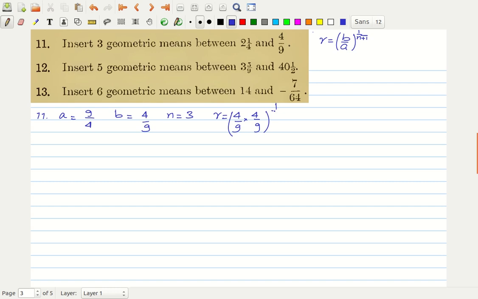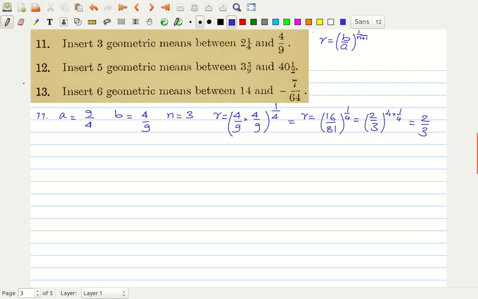So 1 by 3 plus 1 is 4, and R is equal to (16 by 81) to the power 1 by 4. This we can write as (2 by 3) to the power 4, right, because 16 by 81 is actually (2 by 3) to the power 4, times 1 by 4, and you get R is equal to 2 by 3.